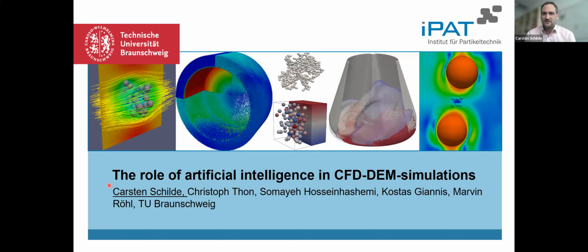Our approach, or the idea of Christoph Thorn, I think he is also within this call here, is to simulate it for the large grinding medium and try to predict it for the smaller ones.